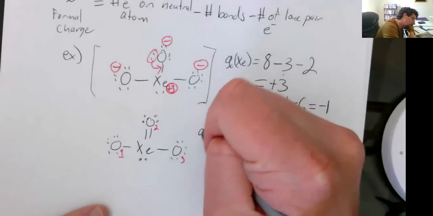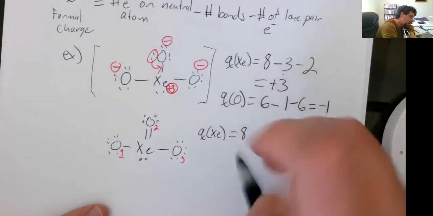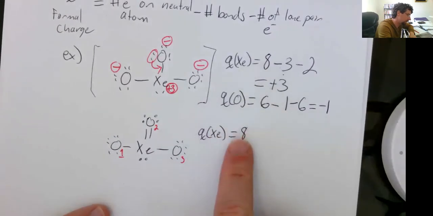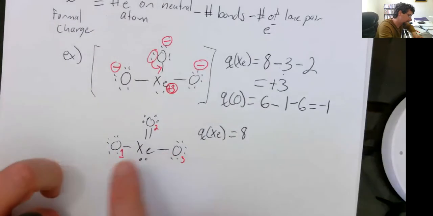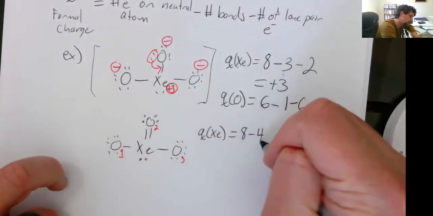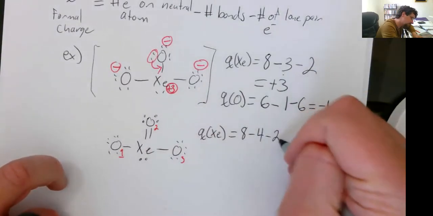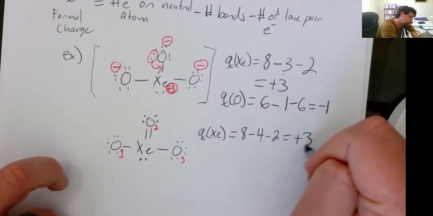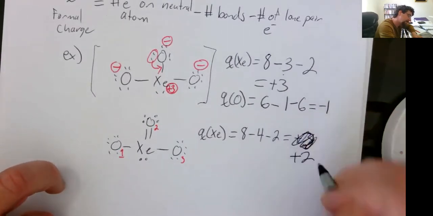Let's calculate the formal charge on our xenon now. So again, the number of electrons on a neutral atom, 8, minus the number of bonds, if we count 1, 2, 3, 4. In this case, we've increased that by 1. Minus the number of lone pair electrons, which is 2, which gets us to a total of plus, not 3, geez, basic math, Scott, plus 2.